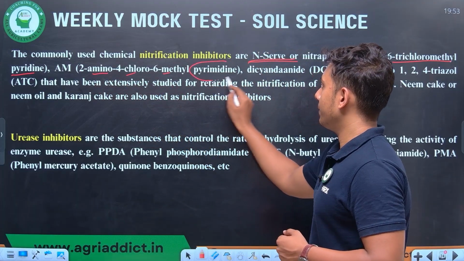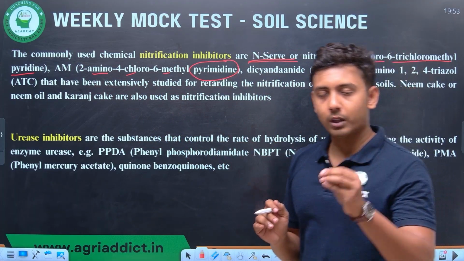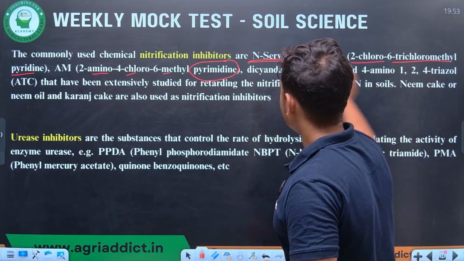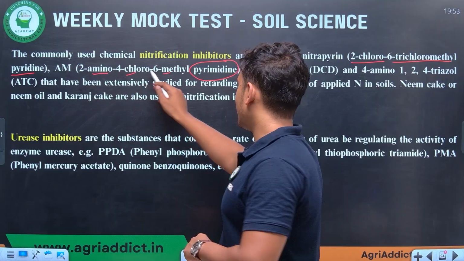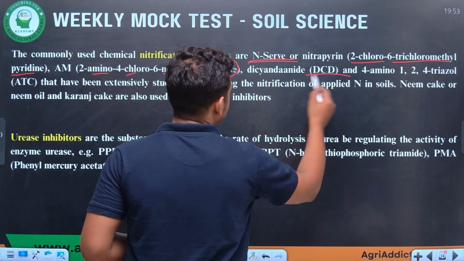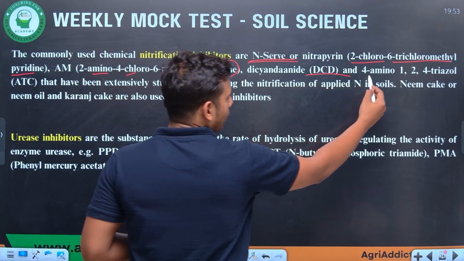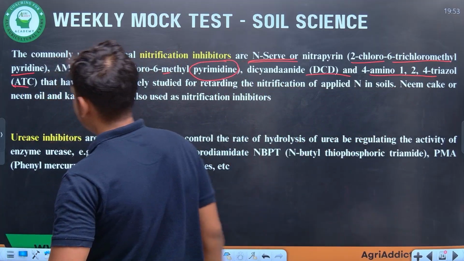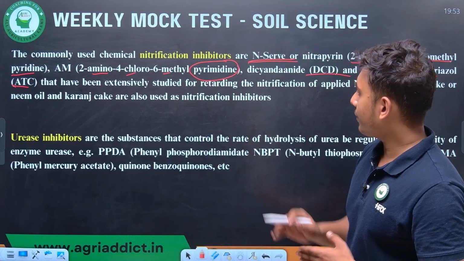These two you have to definitely remember. Then DCD, dicyandiamide, and 4-amino-1,2,4-triazole, that is ATC. These are the examples of nitrification inhibitors.